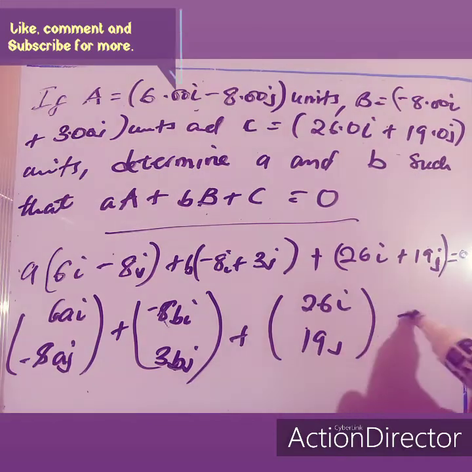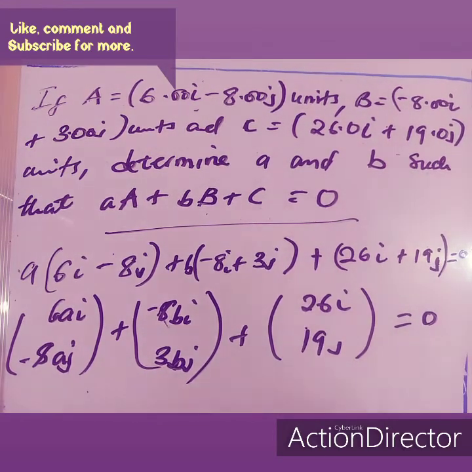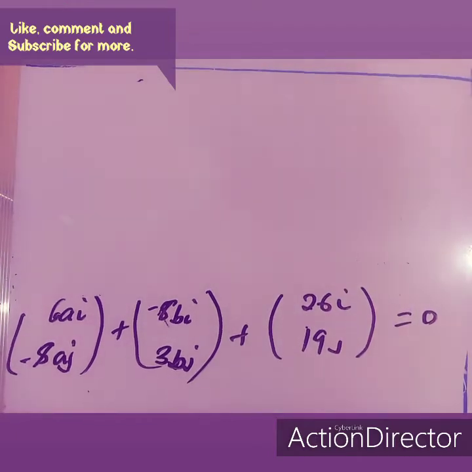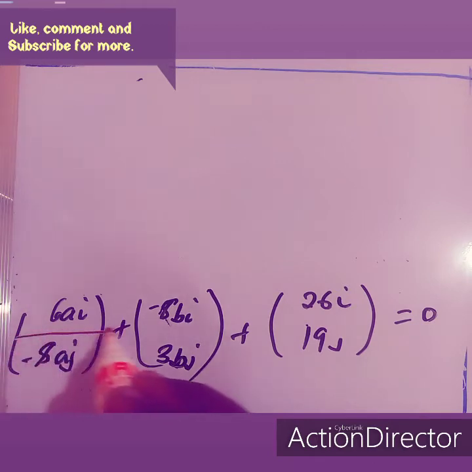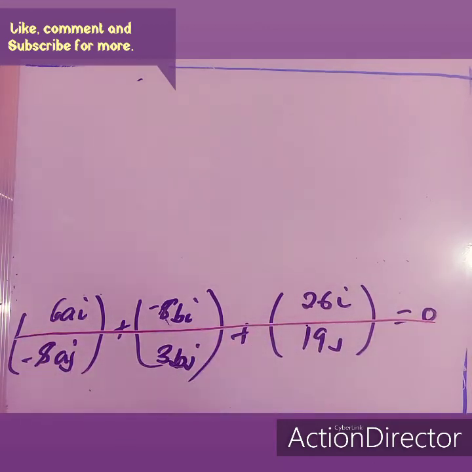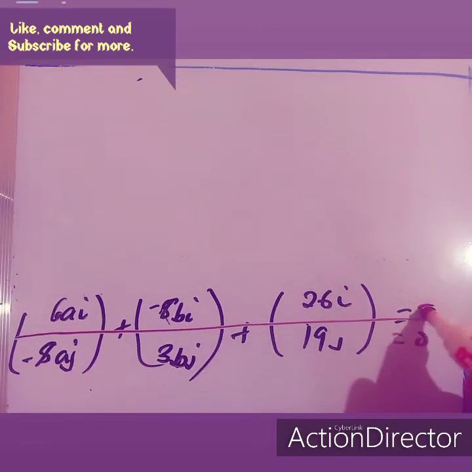All right, this is equal to 0. Okay, so from there what we do is we'll separate the equations. We'll make two equations from this format. So we can cut this through there like that. This is equal to 0, that is equal to 0.